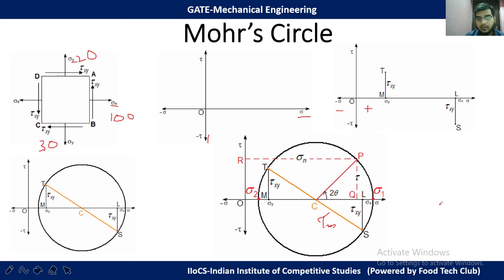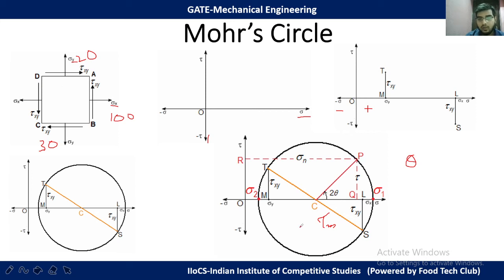And suppose we want to find out the normal stress and shear stress. Okay, not the principal stress or maximum stress, just general normal stress and shear stress at an angle theta we want to find. So what we have to do, from the center, we have to draw a line at 2 theta from the sigma axis, which will join the circle.